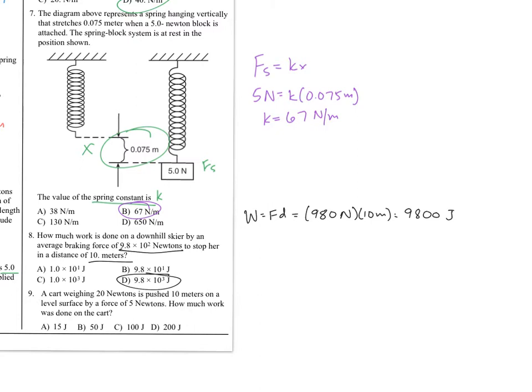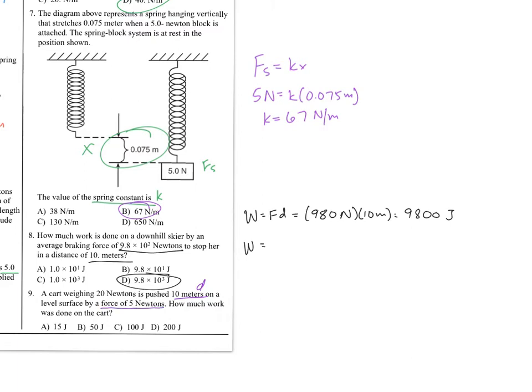Then number 9 is another work question. Same equation. Careful, guys. Don't want to get that confused. So here we have a cart that's weighing 20 newtons and it's pushed 10 meters on a level surface by a force of 5 newtons.